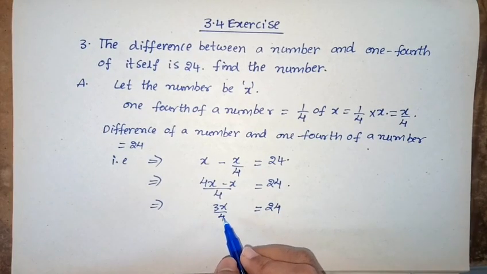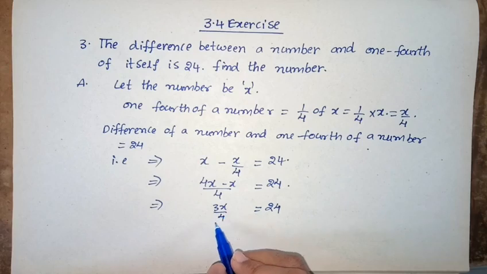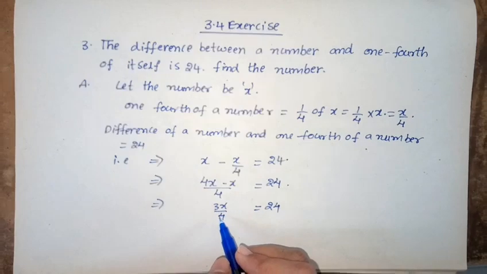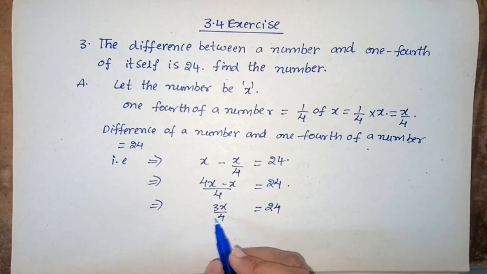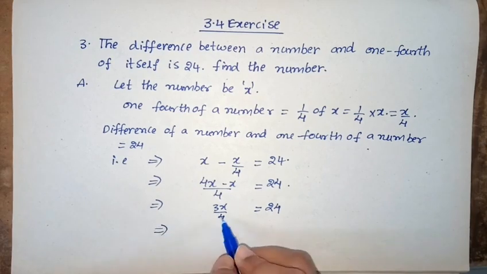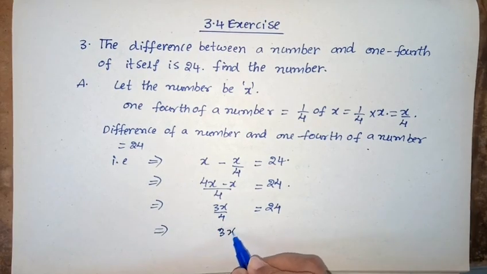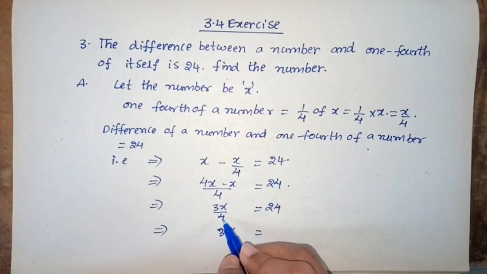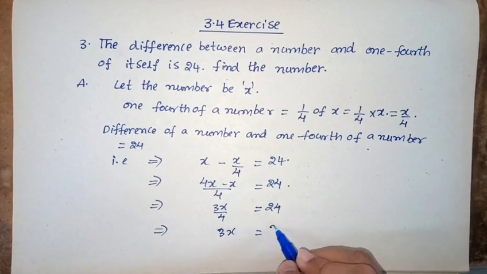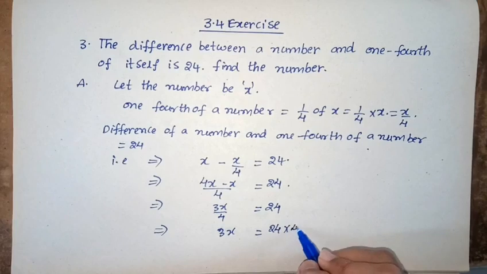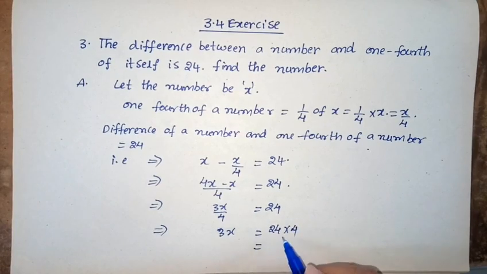In this simple equation, find the x value. From 3x by 4 equal to 24, the 4 moves to the right side as multiplication: 24 into 4. Multiply 24 into 4, you will get 96.